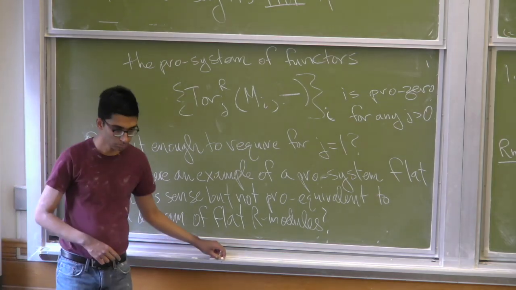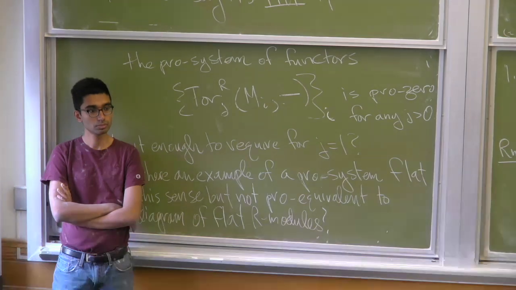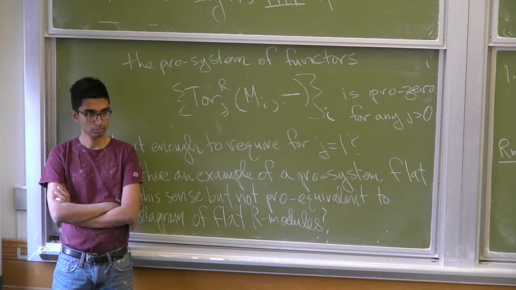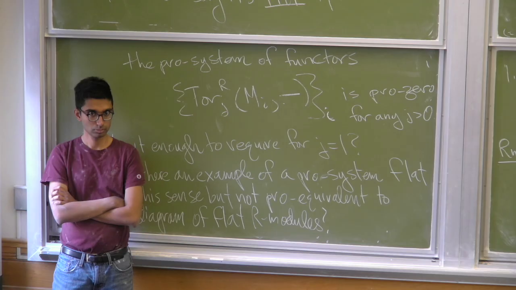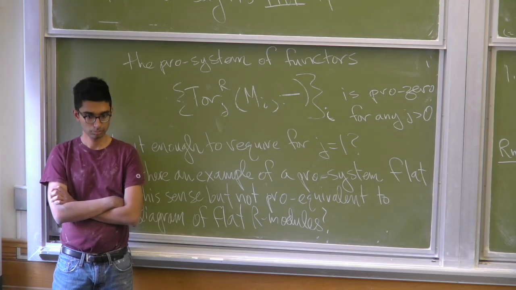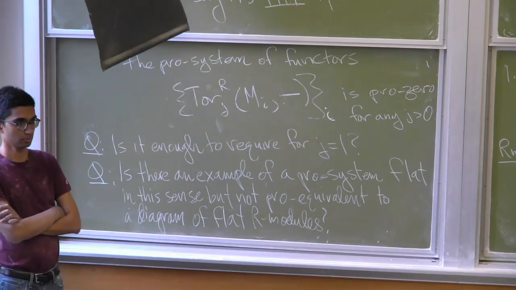For instance, how can you compute Tor2 between M_i and n? You can choose a homomorphism from a free module to n. Then let n prime be its kernel, and then you can compare the Tors with n and the Tors with n prime.